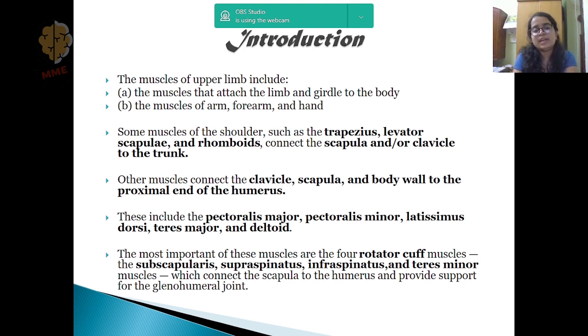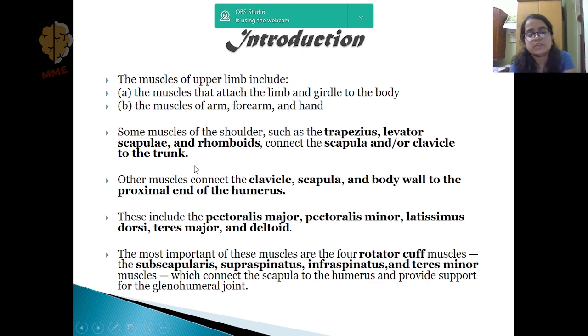So today I'm only going to talk about these muscles. It is group 1, muscles that attach the limb and the pectoral girdle to the body or the vertebral column. Now, the muscles of the arm, forearm, and hand, I'm going to discuss in my next class. Now the group 1 muscles can be further subdivided into two more groups.